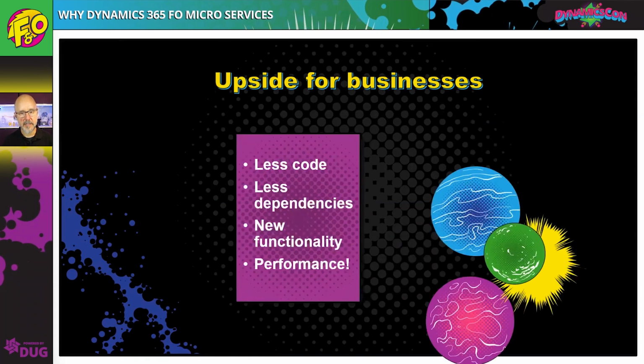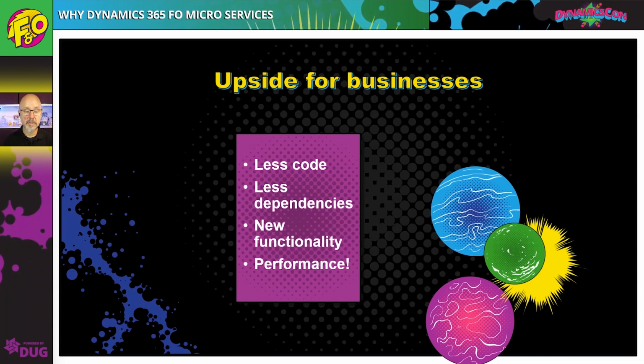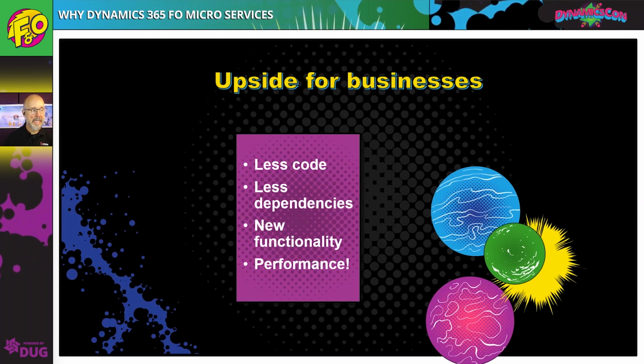So what are the upsides of the microservices for businesses? Less code, of course. We don't need to maintain all the code that Microsoft moves out. Second, we can ignore dependencies, because the code that is outside in the microservices doesn't affect our code.